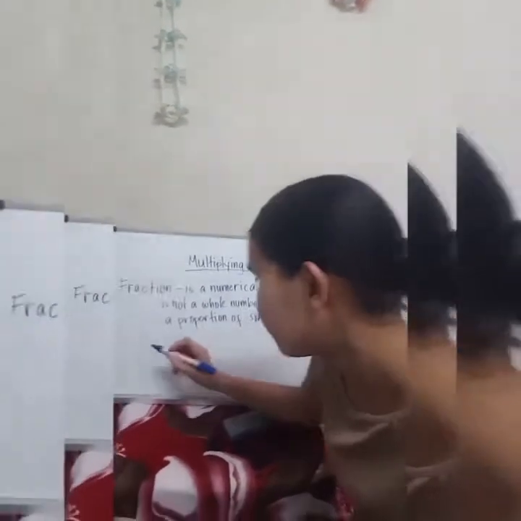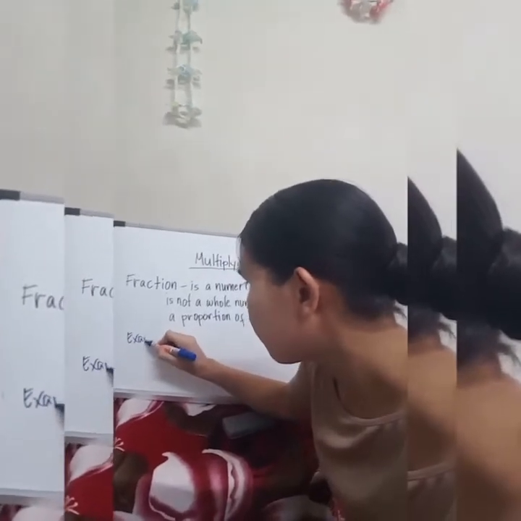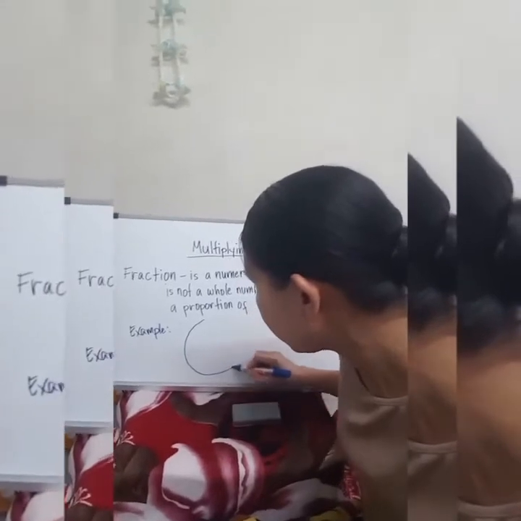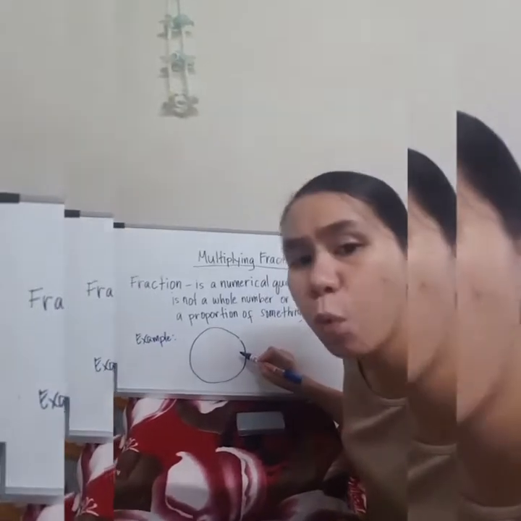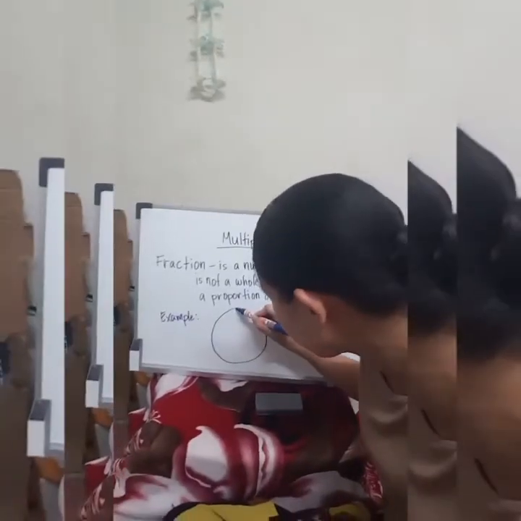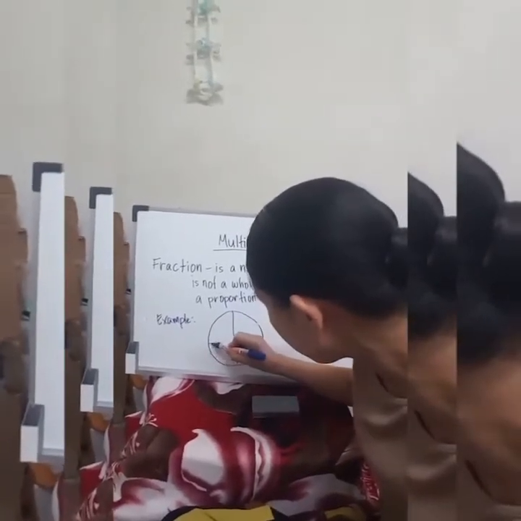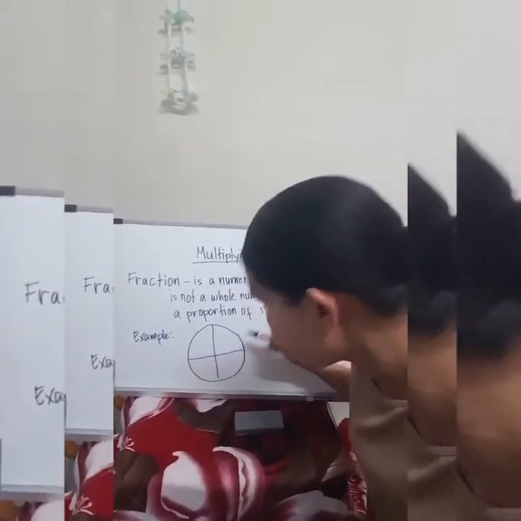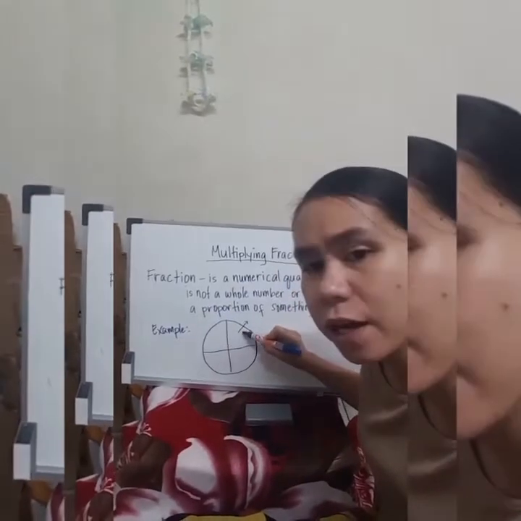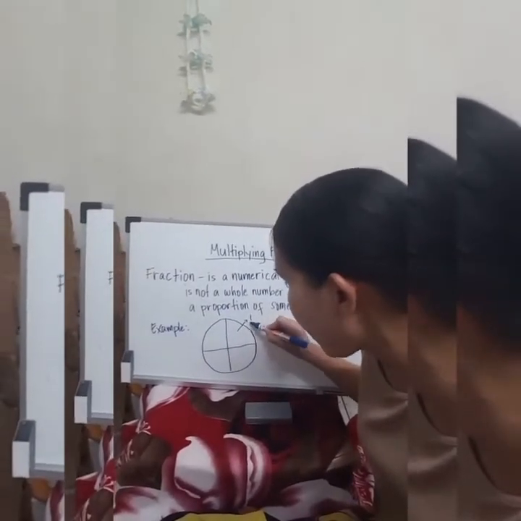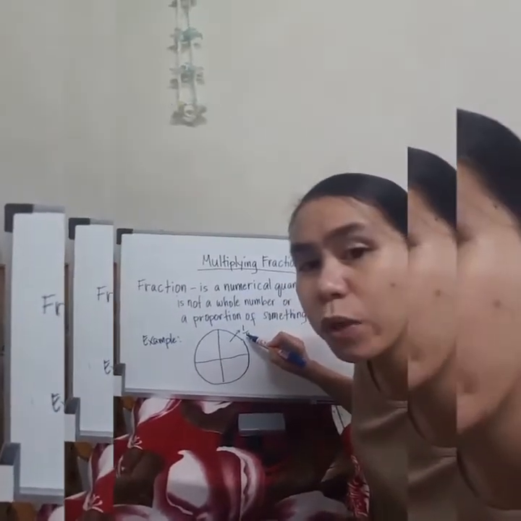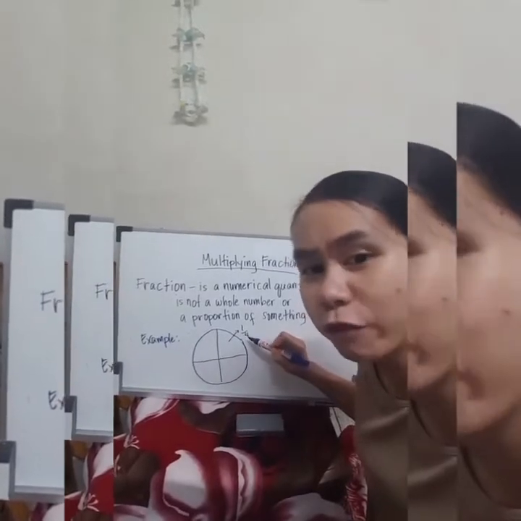For example, a circle, and you want to divide this circle into 4 equal parts. Assuming that this is equal, so here we go. If you take this part, this is 1 out of 4 because you have 4 equal parts, right? So this is what we call 1/4.